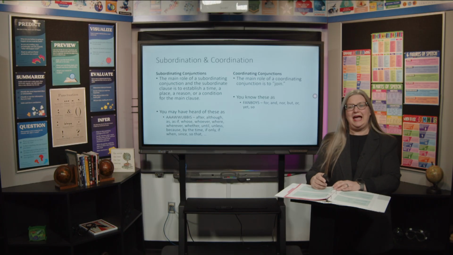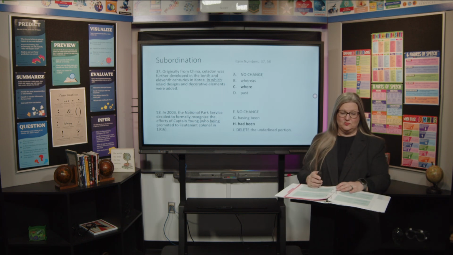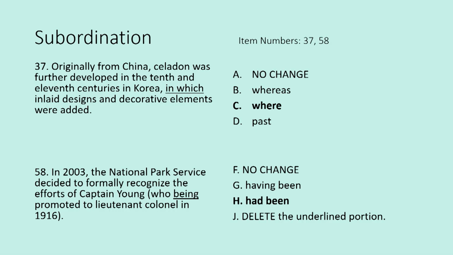So let's look at how ACT is going to test you in these skills. For subordination, there are two items in the practice test that you took. Item numbers 37 and 58 test subordination. So let's look at these.